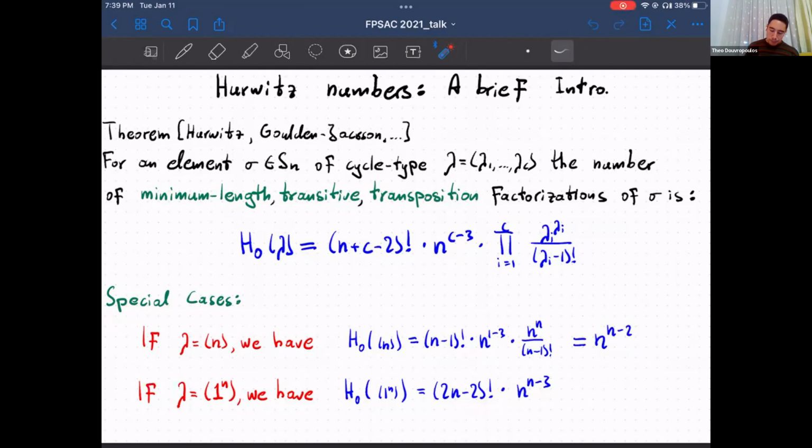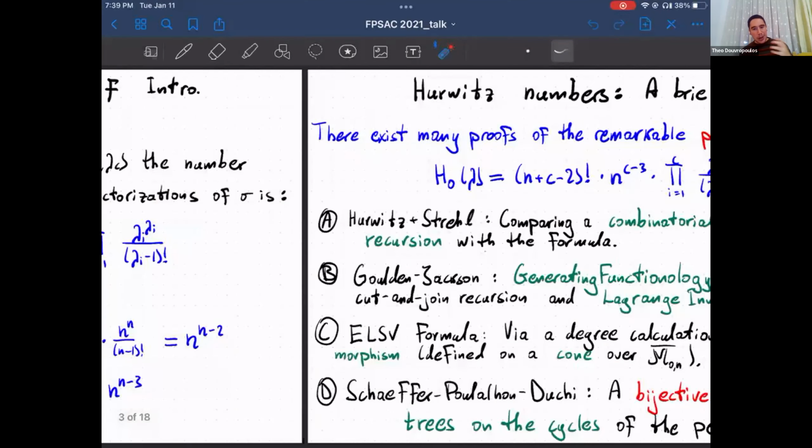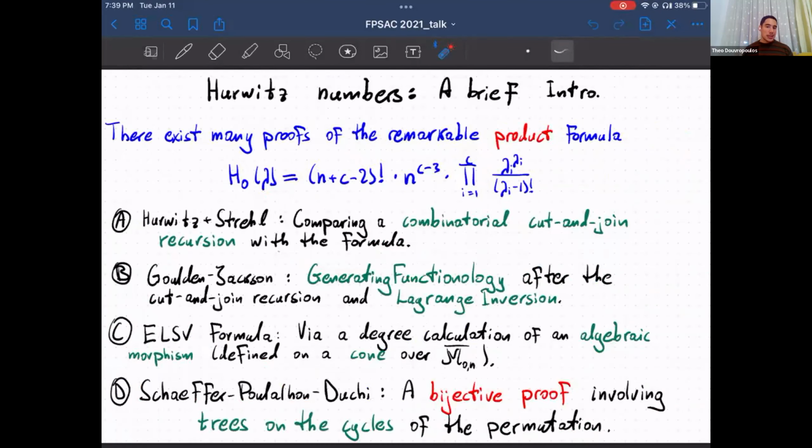All right. Because I'm going to make the point that this is an interesting generalization, I want to advertise a little bit the fact that these Hurwitz numbers appear in a lot of different areas of math. I'm going to provide evidence by showing all these different methods that people have used to prove them. Originally Hurwitz and Strehl used a combinatorial cut and join recursion.